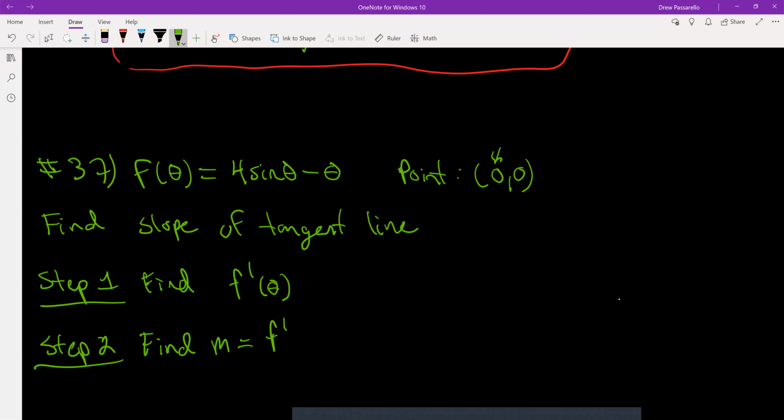So really theta is 0. And both coordinates are 0 anyway, so I use the first coordinate. So you just plug 0 into the derivative function that you found from step 1.